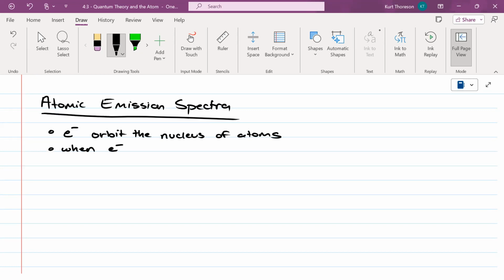When electrons gain energy, they become blank. What was the word? Excited. Good. They get energized. We don't say energized, we say excited.